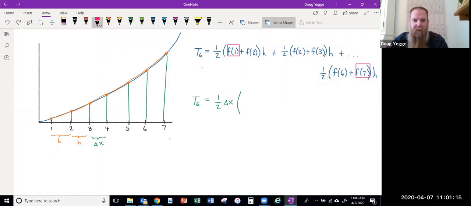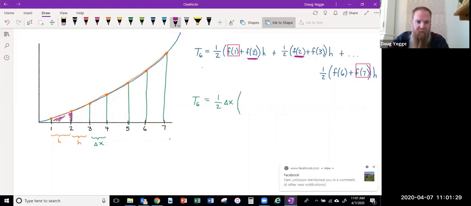But if you take a look at everything else, look at how f of 2 is being used once here for this trapezoid, but then it's being used a second time here. Because f of 2 is not only the base of this trapezoid, it's also the base of this trapezoid.